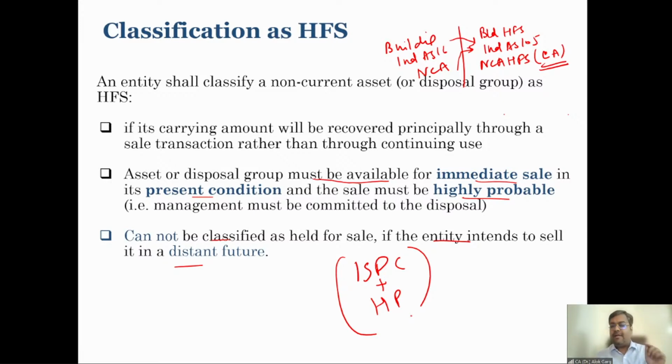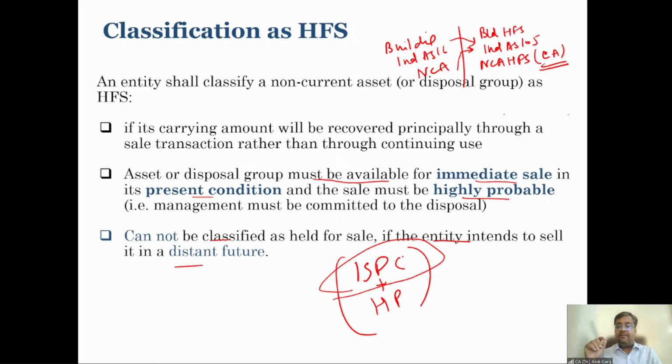Here it is not Internet Service Provider Company. Here it is immediate sale in present condition. Please write down, immediate sale in present condition. And HP is not Hindustan Petroleum. HP is highly probable. Now we will discuss one by one what is meant by ISPC.